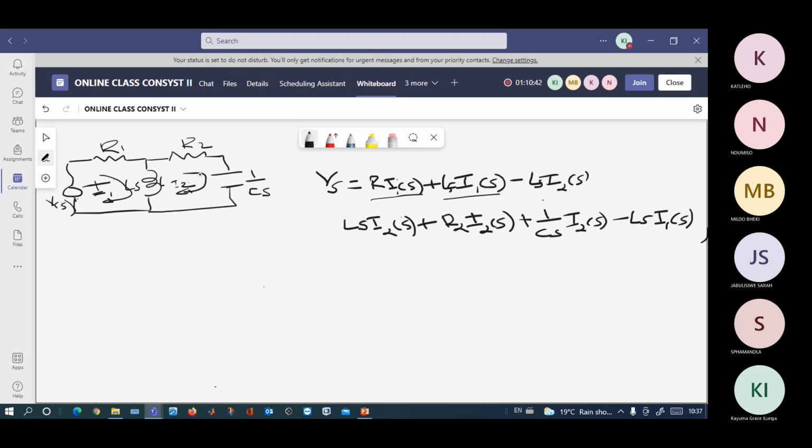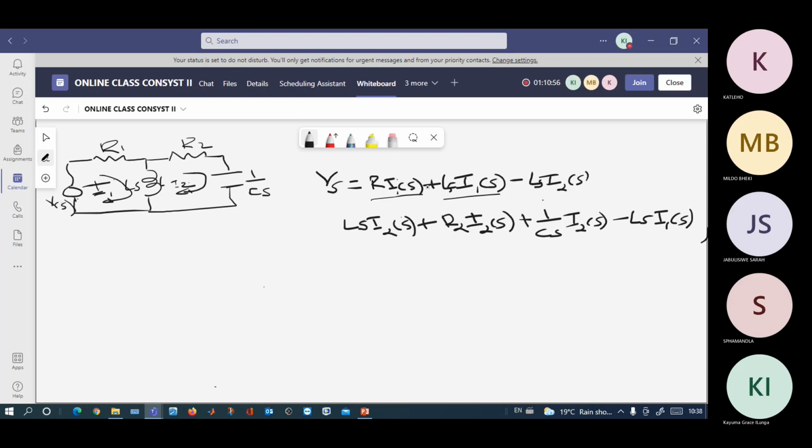If we had this arrow in this direction, I would add this voltage instead of subtracting. I think you know that, right? Yes, sir. So this is what we have here. That's why I say this one is S. If you don't see it properly, it's S. Let me write it properly.